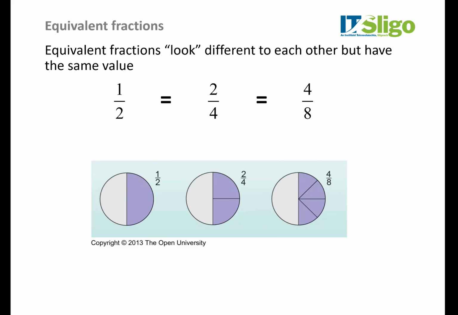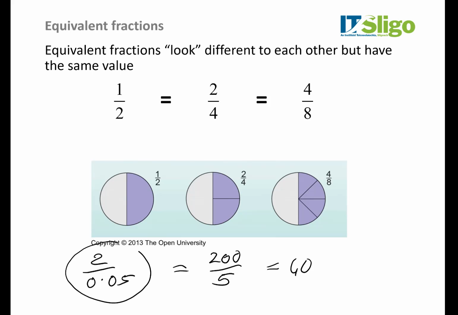And we use this quite a lot then. We've already actually seen this, guys, with the division. Just to give you an example, say 2 divided by 0.05. We multiplied the bottom by 100 and the top by 100. And now this became a much more doable problem. But these are equivalent.